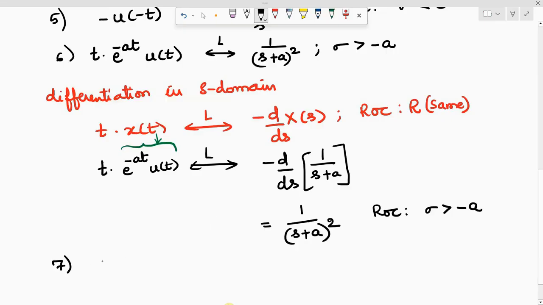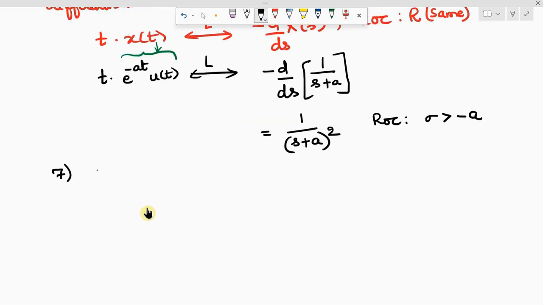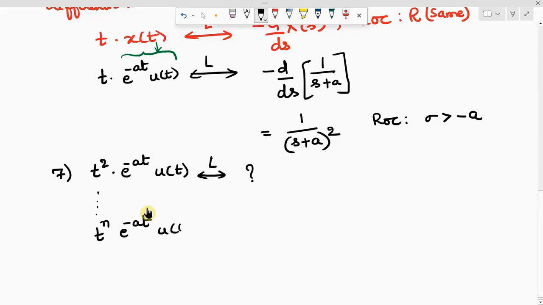Now, maybe I can give you homework. This is for your practice: t square into e power of minus a t u of t. Please try to find out. We will see in the next session. What is the Laplace transform of t square into e power of minus a t u of t? And you can even try for t power of n e power of minus a t u of t and give an answer in a generalized form.